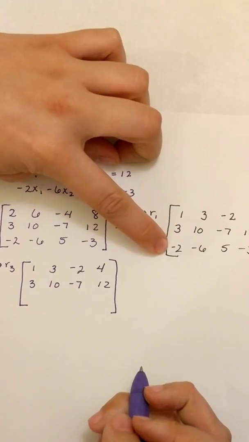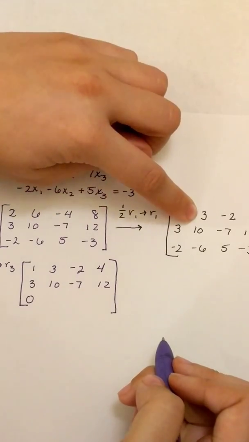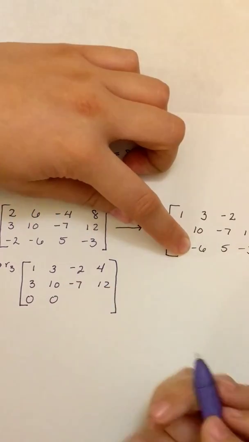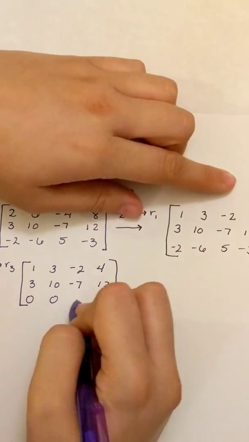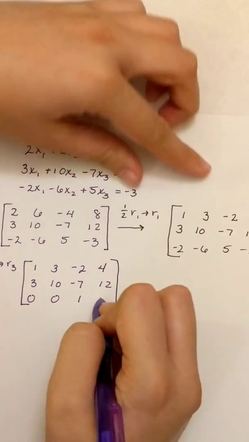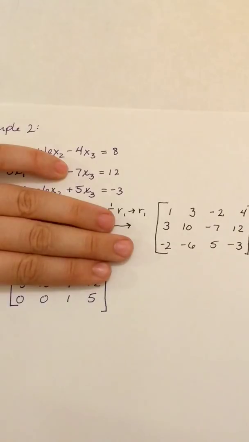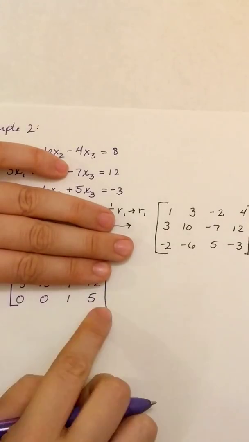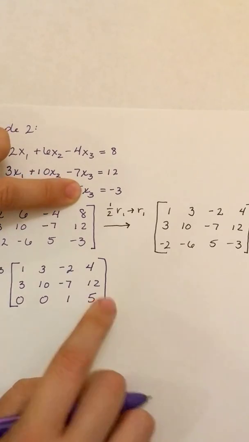So 2 minus 2 is 0. 6 minus 6 is 0. Negative 4 plus 5 is 1. And then 8 minus 3 is 5. And so right off, I got my first part of my answer, part of the solution set. I got that x3 is 5.